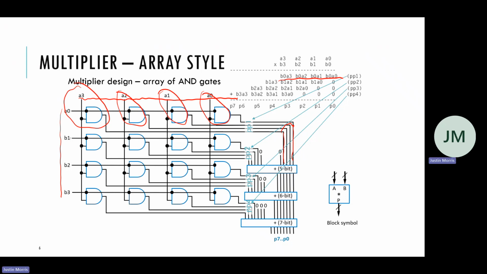And then for B1 times A, again these 4 results, we're shifting them to the left by 1 by adding this 0 here. We see this? So that's how we do this line. And then we add those numbers together. It gives us our intermediate result as the lower bits down here.